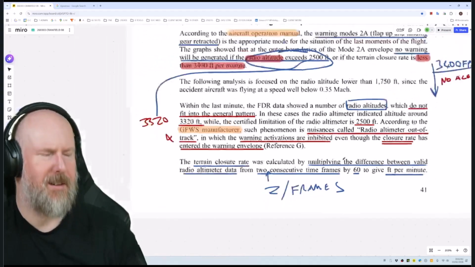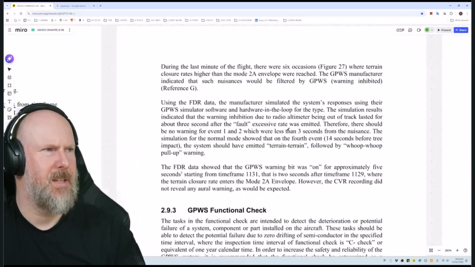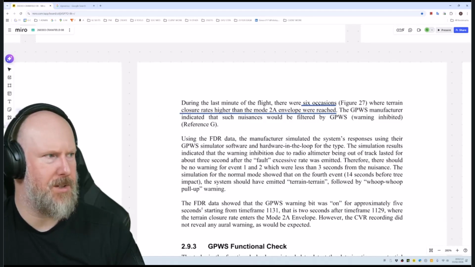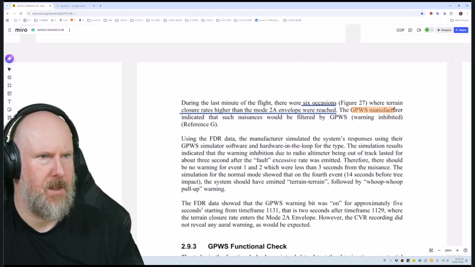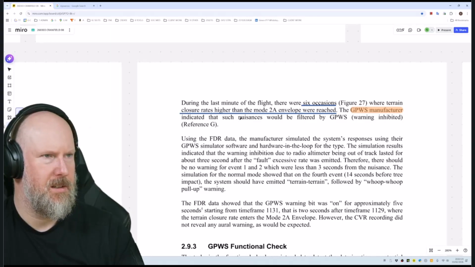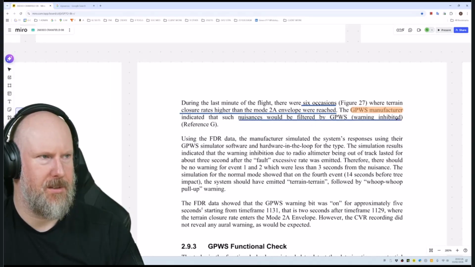Yeah, okay, all right. During the last minute of the flight, there were 6 occasions where terrain closure rates higher than the Mode 2A envelope were reached. The GPWS manufacturer indicated that such nuisances would be filtered by the GPWS.